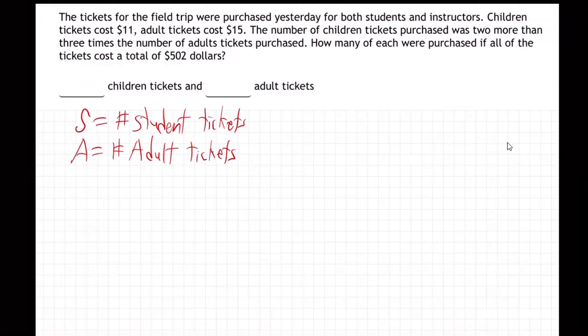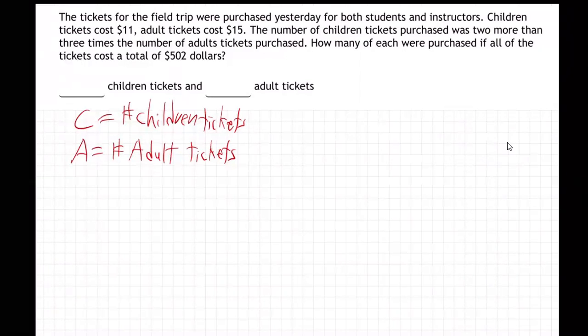Or I guess we could do C for children, whatever, it doesn't matter. They use children, so I'll do C for the number of children tickets, either way. Use whatever letter. You can use X and Y, but it's easier to use meaningful letters. You'll remember them better. Okay, so two letters, we know we're going to need two equations here, aren't we?